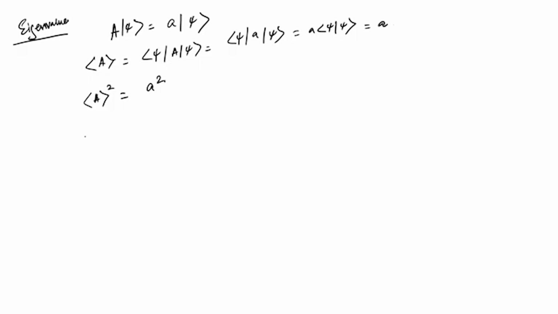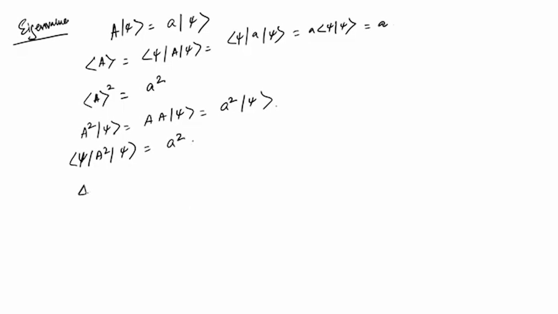And if I want to calculate what is A squared psi, then that means that it is equal to A a psi, and then it is equal to a squared psi. And if you want to calculate the expectation value of A squared, then this is equal to a squared.